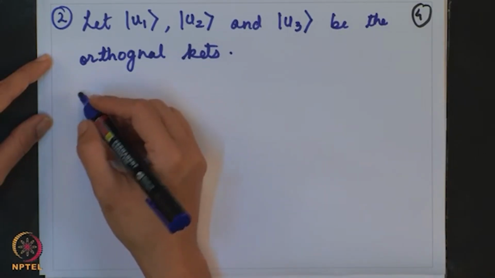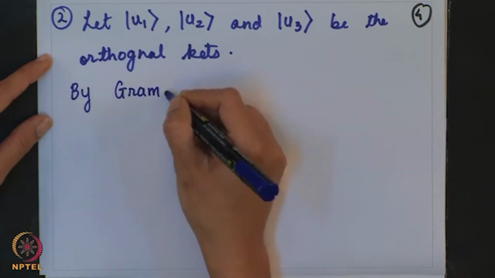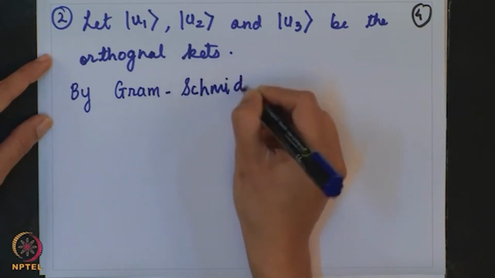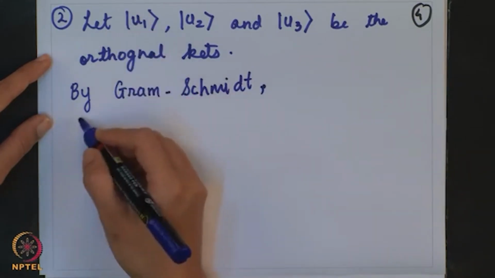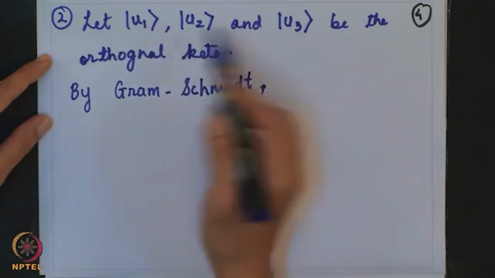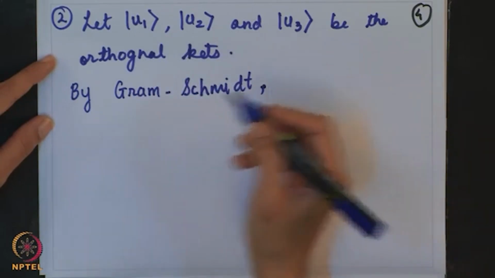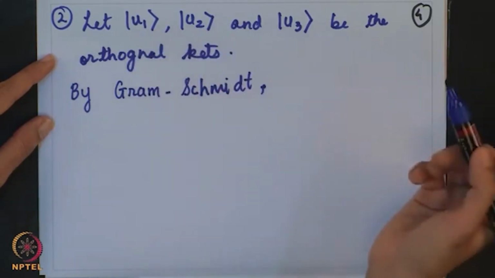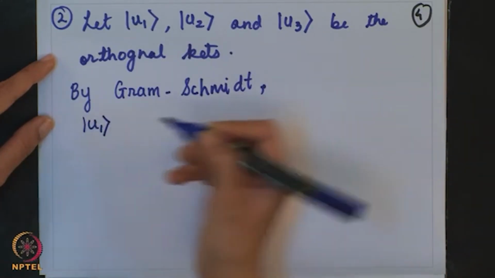So we start doing it by Gram-Schmidt. So by Gram-Schmidt procedure, what one does is, now you start with U1, and again just a remark that you can start with any of these. I mean U1, U2, U3 is just a representation of 3 orthogonal sets of eigenkets. So you can start by representing U1 in terms of E1 or E2 or E3 first, it does not matter, it will give you different sets of eigenkets.